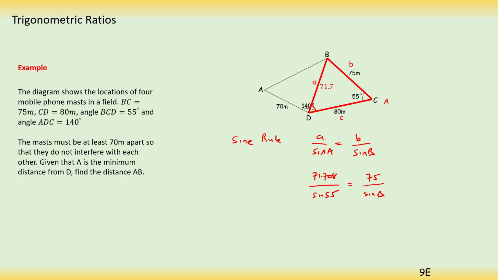Rearranging, I can bring my sine B over to the left hand side. It's divide here, so it's multiply. So sine B is going to be equal to 75 times sine 55, divided by 71.708. Plugging that into my calculator, I get 0.85675.